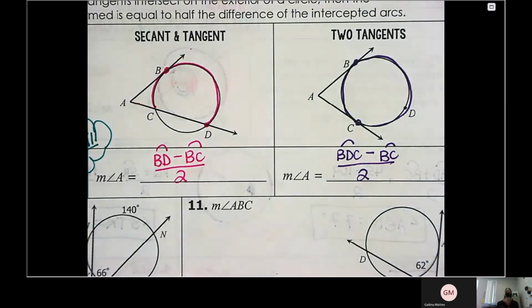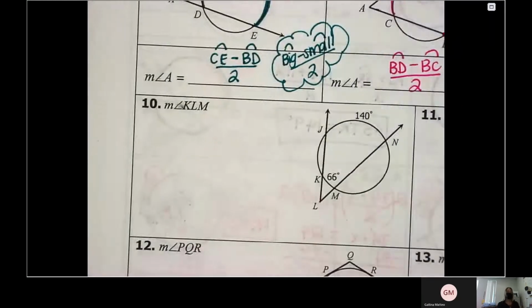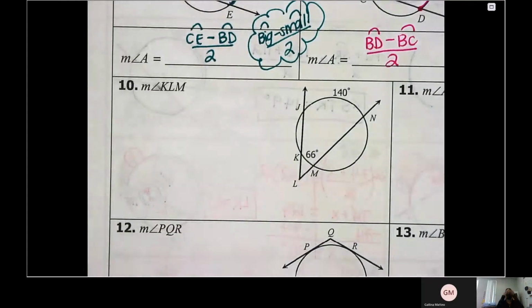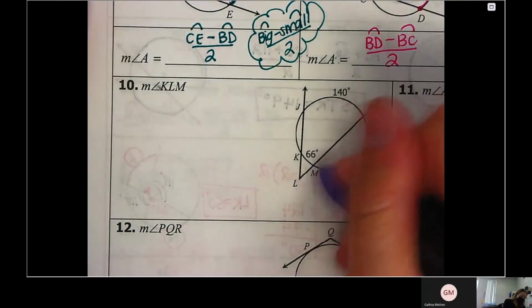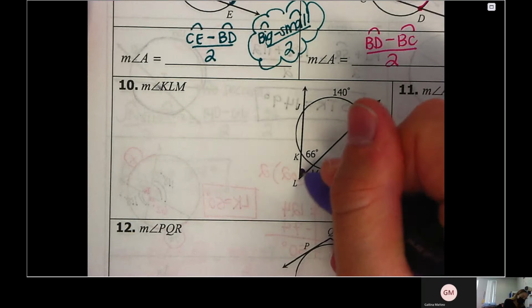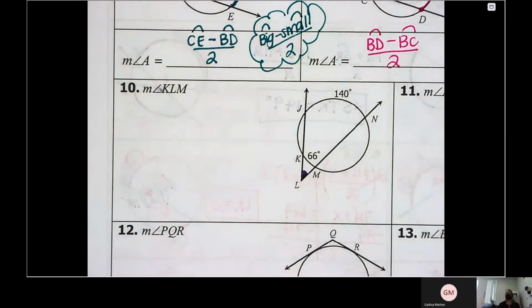So let's try it out. Number 10. Finding angle KLM. So this angle on the outside over here. Okay, I'm going to do the big arc minus the small arc divided by 2. What is the big arc? JN.